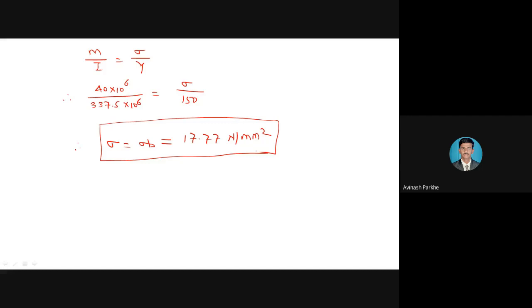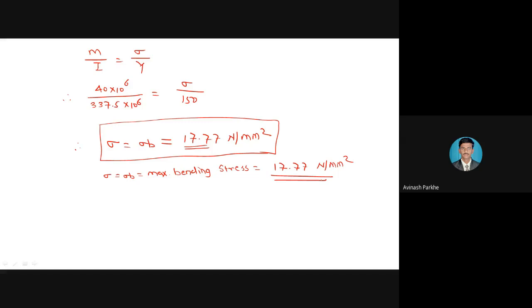For the units, separate marks are there. And this sigma b is the maximum bending stress, because in the statement they have asked to find out the maximum bending stress. Whatever value we have calculated for sigma will be considered as the maximum bending stress, equal to 17.77 Newton per mm square.